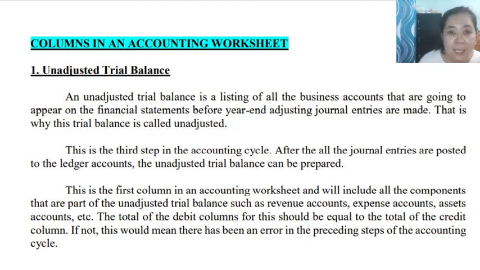Normally the accounts and its balances come from our ledgers or T accounts. That's where we get the details that we will input into our worksheet under the unadjusted trial balance.